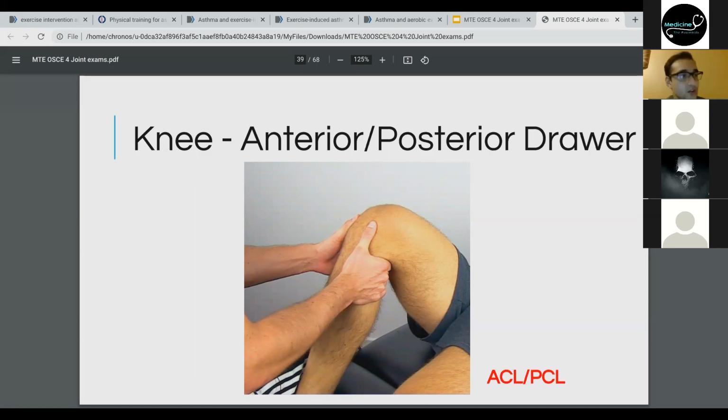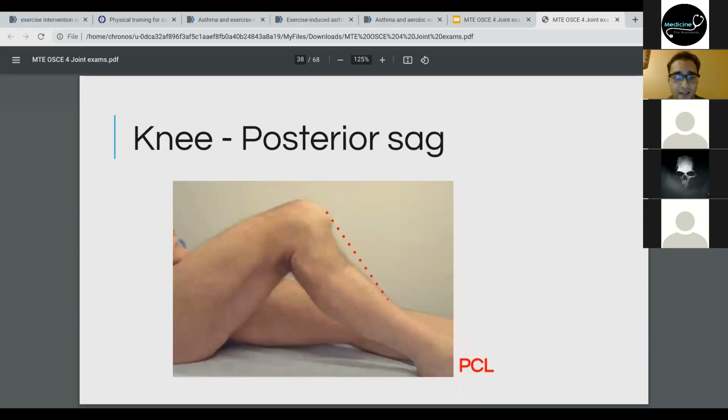So when I'm doing a draw test, I'm going to take you back to the previous slide. I will always do a posterior draw first. Reason being, if your patient has a posterior cruciate ligament tear or rupture, this will be their resting position of their knee. So the tibia will be in a relaxed position, posteriorly displaced, and that'll be their resting position.